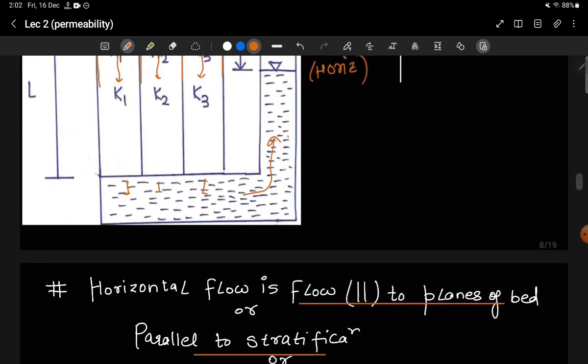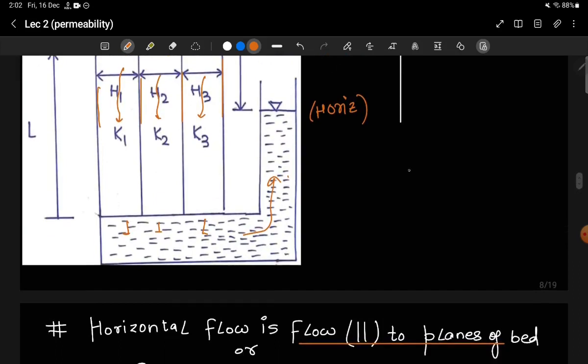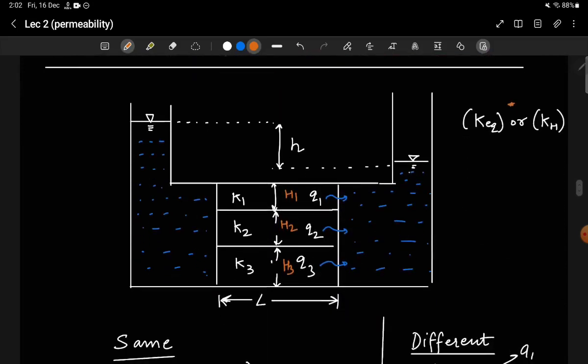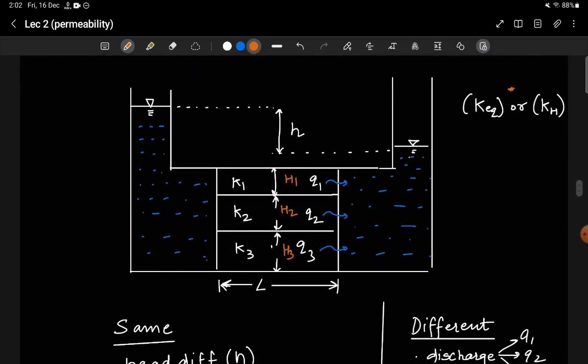That means irrespective की direction of water ऐसा है या ऐसा है, if it is parallel to the layers of soil, then it would be horizontal flow. So let's see. Here is an example of multi-layered soils having coefficient of permeability K1, K2 and K3.